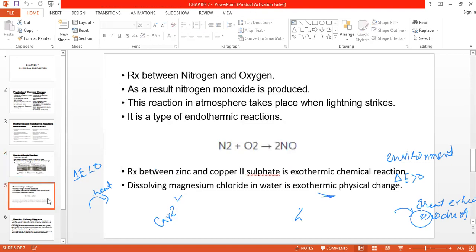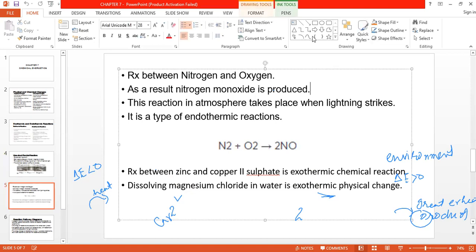Next, let's move towards another reaction, that is nitrogen and oxygen. As a result, nitrogen monoxide is produced. The reaction in the atmosphere takes place when lightning strikes. You know that in air, both oxygen and nitrogen are present, but normally you don't see any reaction occurring in the sky.